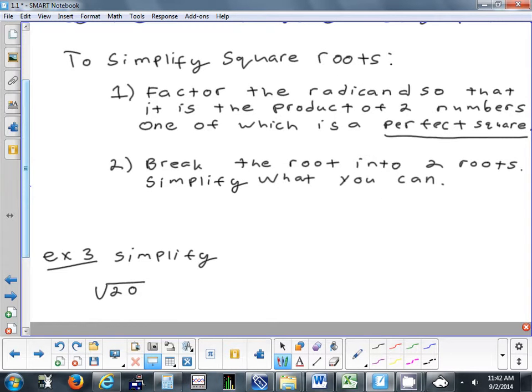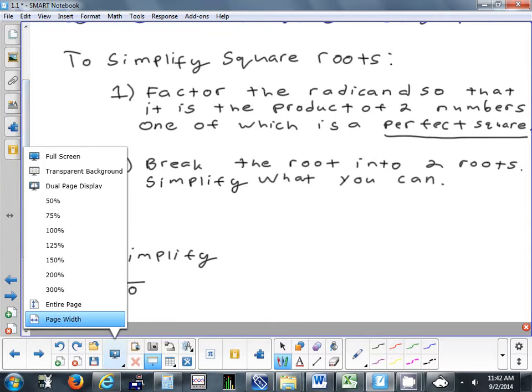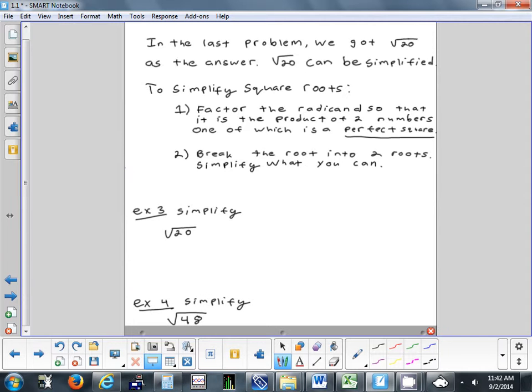Okay, so square root 20, we already did that one. So let's try square root 48. I'm not going to go through a whole distance formula problem. Let's just pretend somehow you did the distance formula and you got square root 48 as the answer.